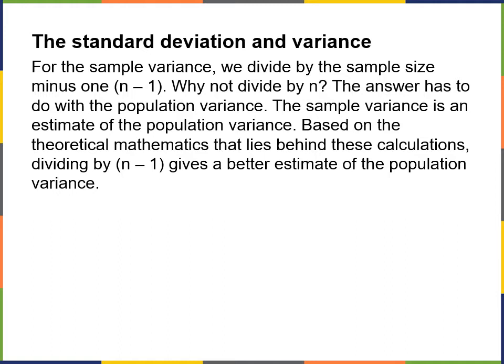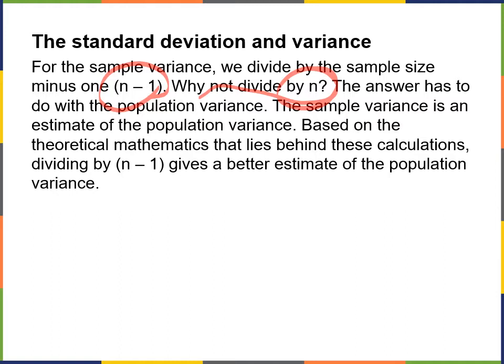And when it comes to variance, the calculation we do before the square root, if we were just to divide by a lowercase n instead of an n minus 1 for the sample variance, it actually doesn't give us as good of an estimate of the population variance as dividing by n minus 1 does.